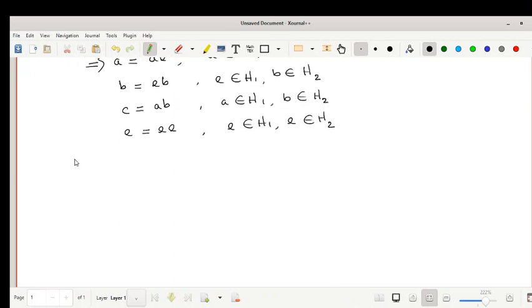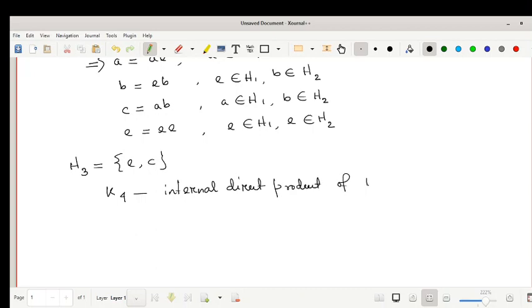Not only these two, if someone says that yes, I have another normal subgroup H3 which contains identity and C, then also K4 can be written as an internal direct product of H1 and H3.